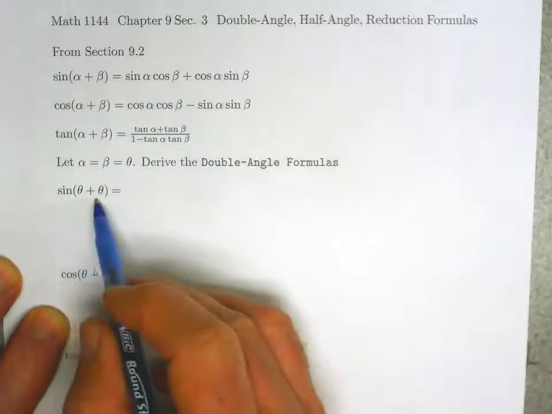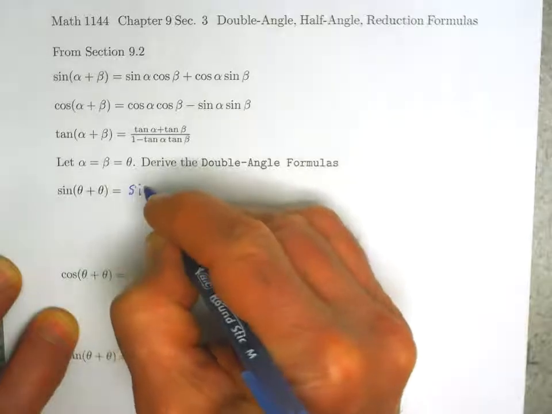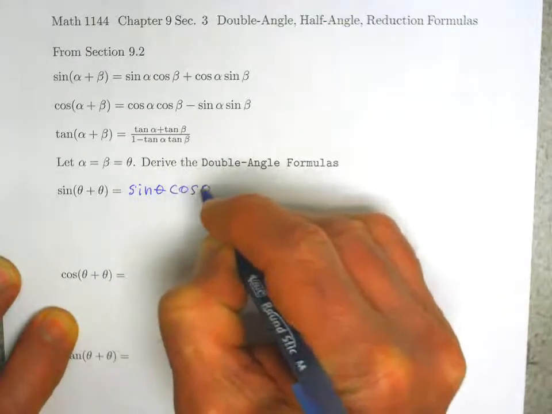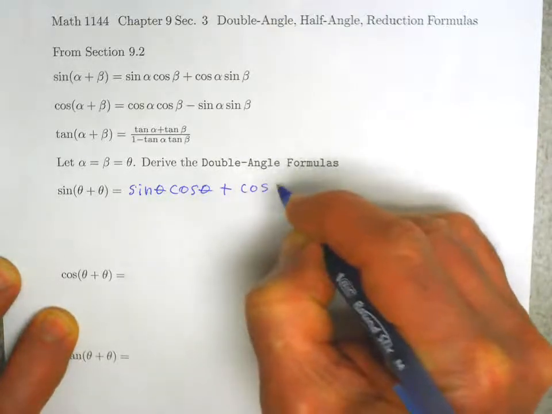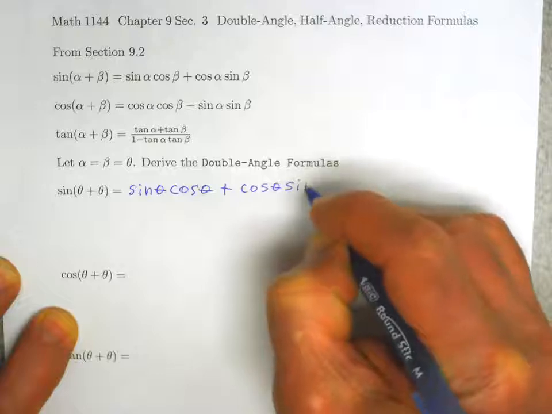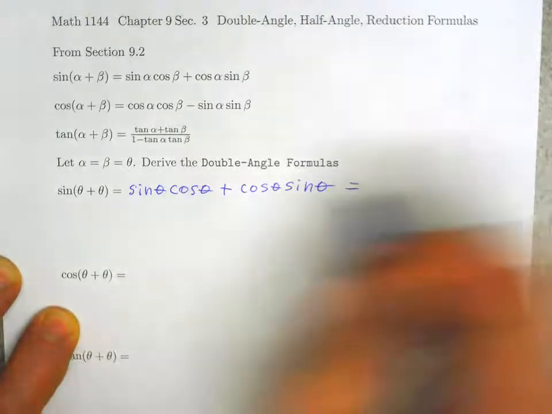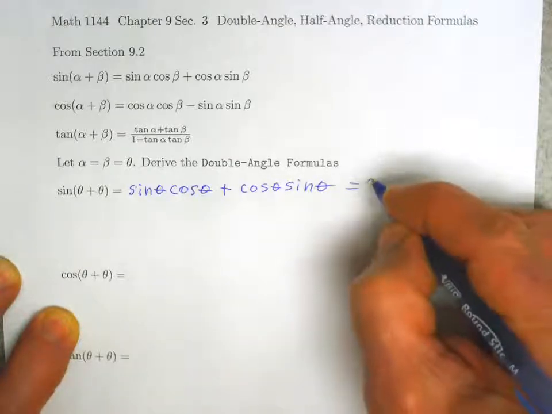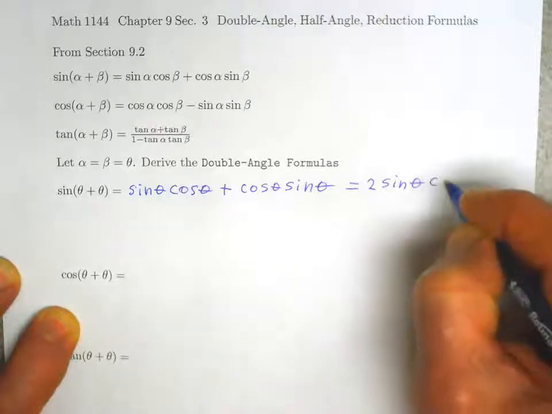Sine of theta plus theta is sine of theta times cosine of theta plus cosine of theta times sine of theta. But each of those is the same, just the factors are in different orders. So we can write this as 2 times the sine of theta cosine of theta.